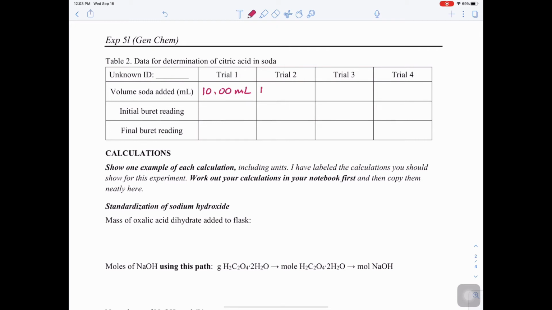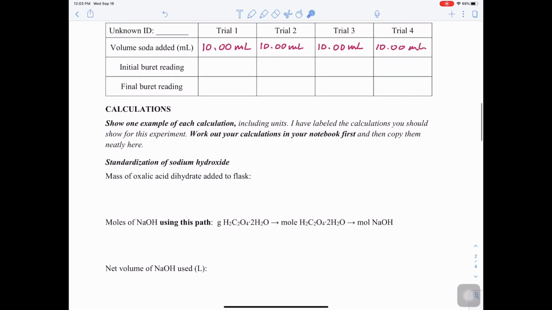And that's going to be the same for all of them. And you'll see in the video that I used the same pipette and I measured 10 milliliters of soda into each of the 4 flasks. And then we'll record the initial burette reading and the final burette reading for each of the 4 titrations.